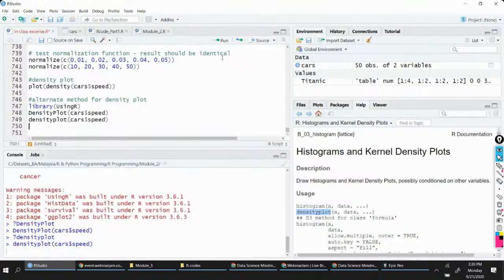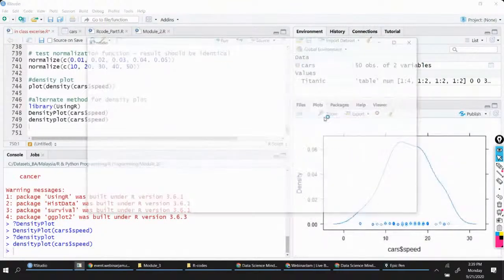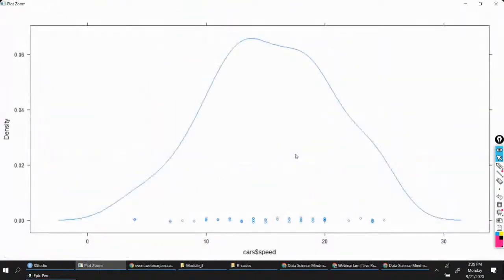And if you plot this, this is the visualization that we have. These circles are basically pointing to the number of data points that we have, and this is the shape of the curve that we see. Now you can see that there is a bell-shaped curve.